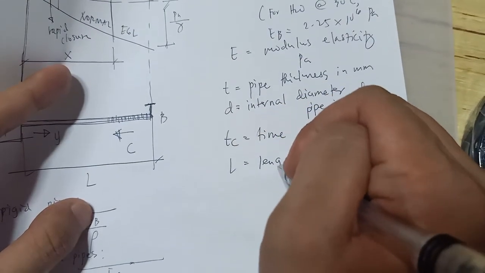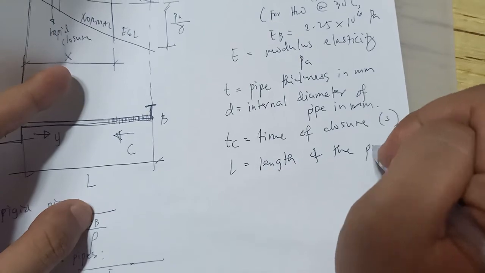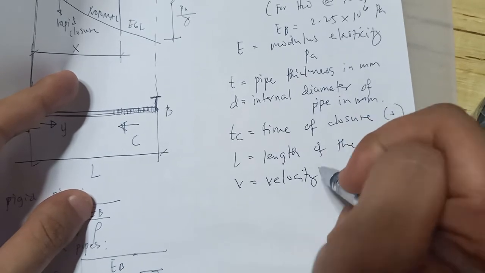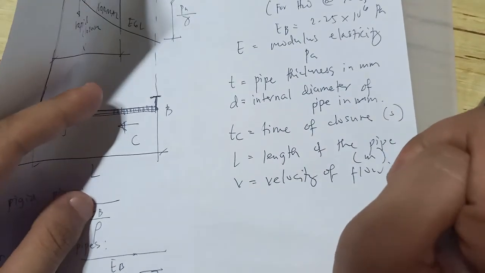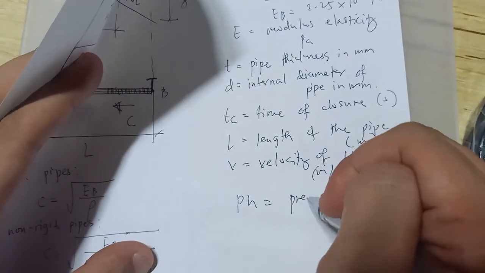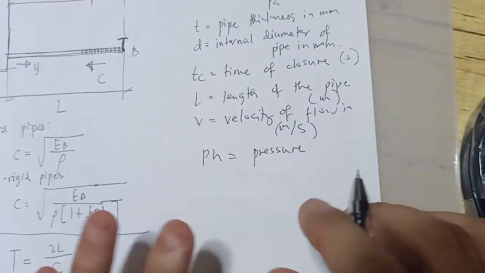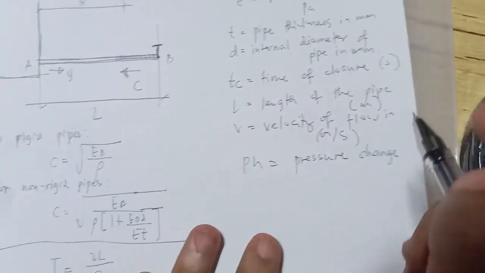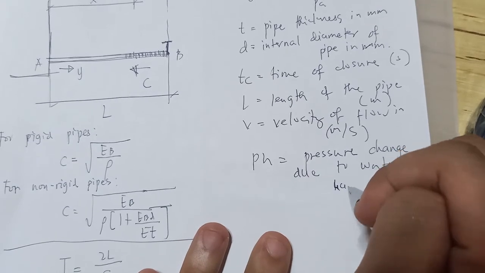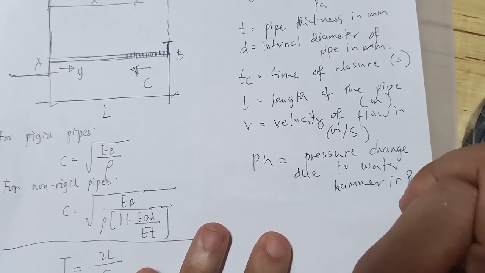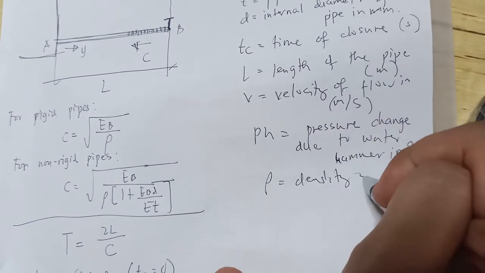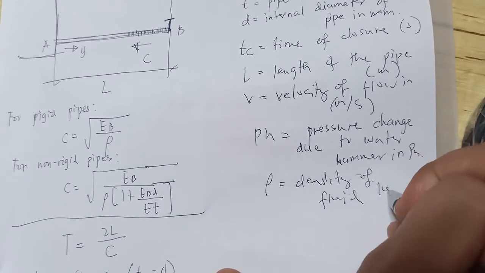L is the length of the pipe in meters, and V is the velocity of flow in meters per second. pH is the pressure change due to water hammer in Pa, and of course rho is the density of the fluid in kilograms per cubic meter.